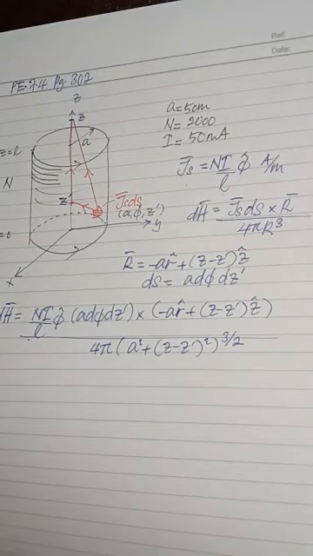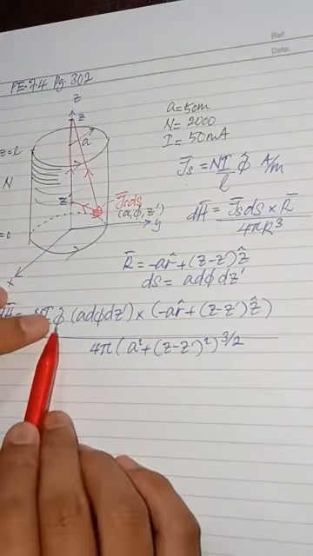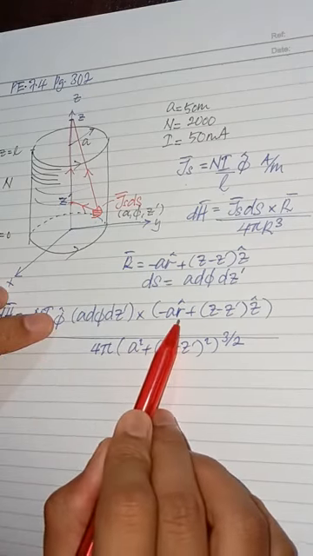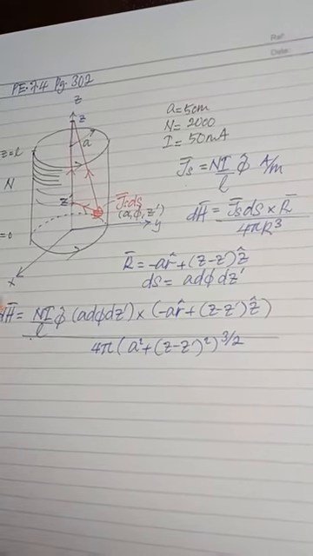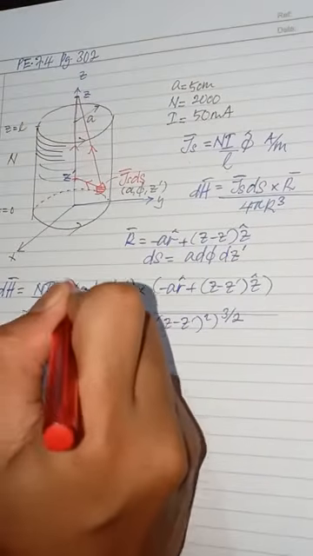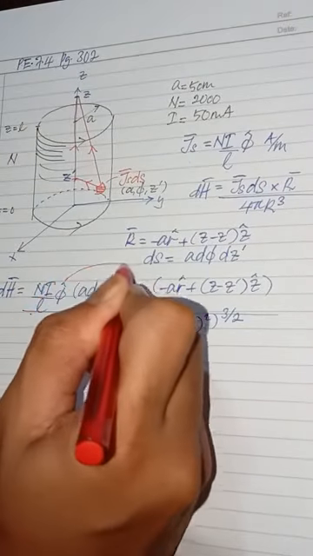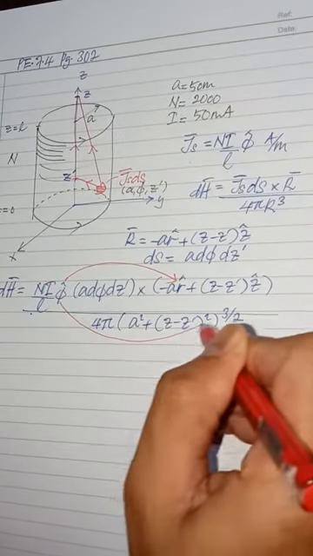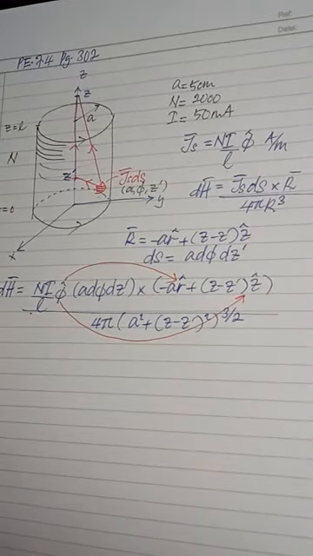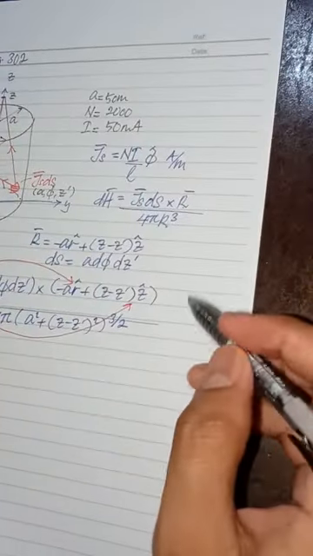Okay, so now again we are dealing with cross product between phi cross R and also phi cross Z. So let's do it together. First one here is phi cross R and also phi cross Z. So let's do this simple approach to find the output of this product.